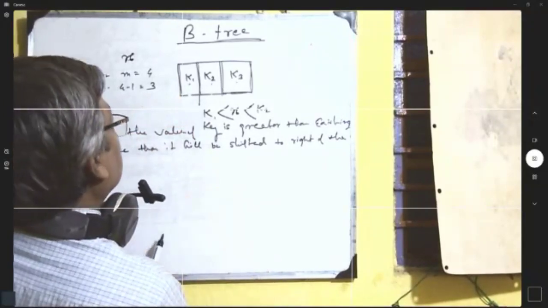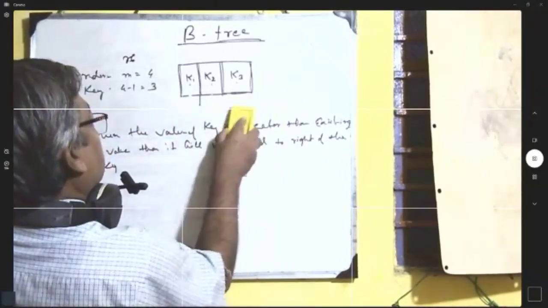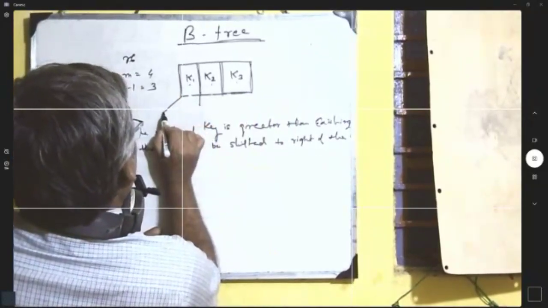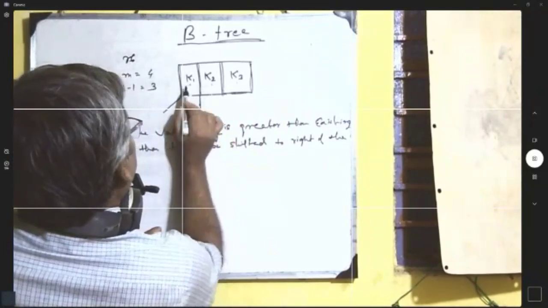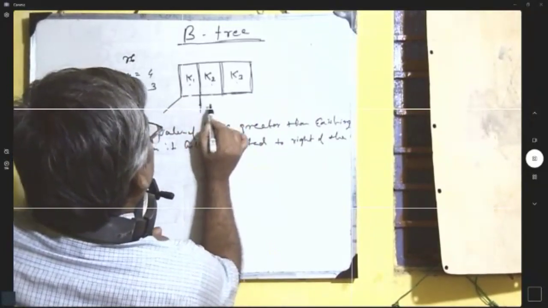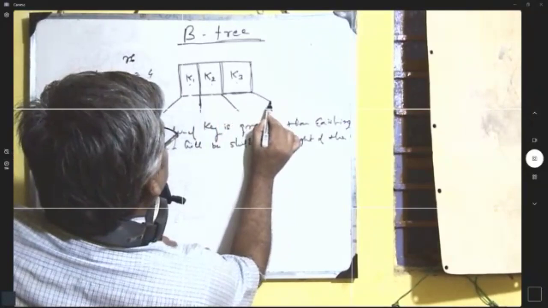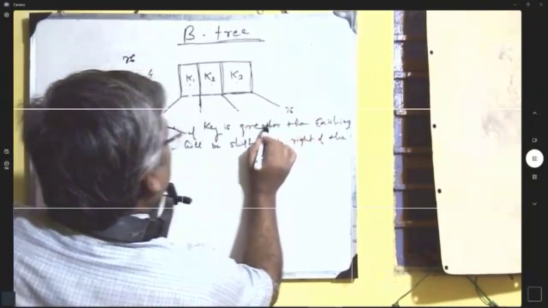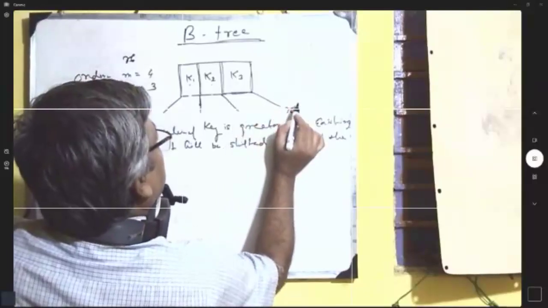This is the left of K1, right of K1, this is right of K2, and this is right of K3. Suppose X4 has a value greater than K3.